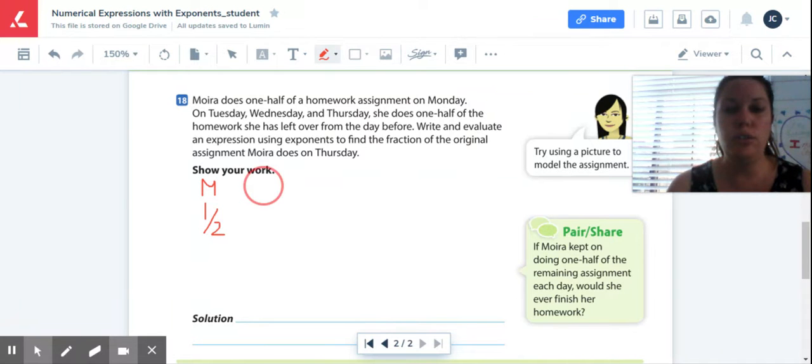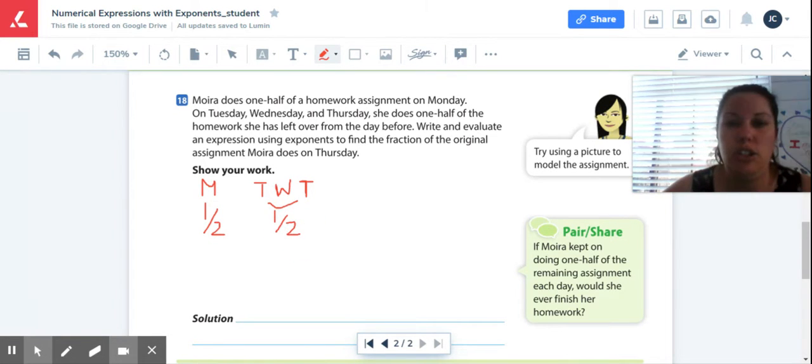Then on Tuesday, Wednesday, and Thursday, she does the other half that's left. Let's see, she does 1/2 of the homework she has left over from the day before.